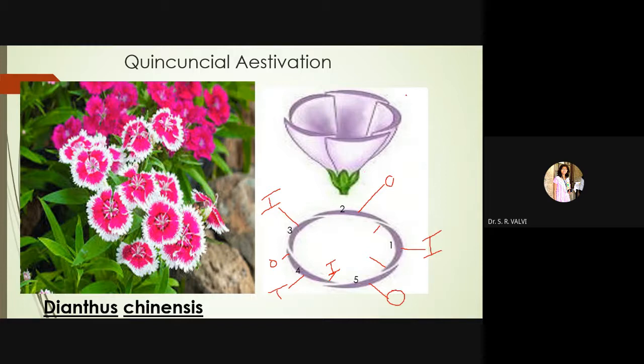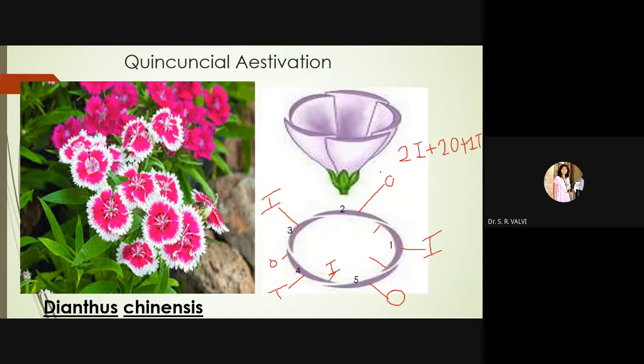So the formula we are going to write over here is 2I, plus 2O, that is two sepals are out, plus 1T, right? So this is our formula, which is similar to imbricate. In imbricate we wrote 1I plus 1O plus 3T.